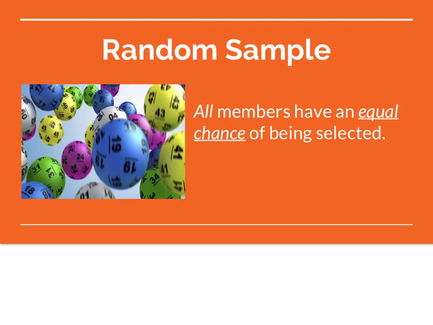So again, in lotteries, all of these have an equal chance of being selected. So it's going to be by pure chance that you're going to select in research one member or another. Going back to this study, I want to know the attitude of students towards the legalization of marijuana, if they have a positive or a negative attitude towards it, and then compare it to public school students.